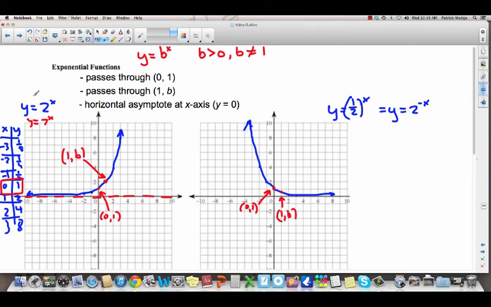If you compare this equation, y equals 2^x, and this equation, y equals 2 to the negative x, you can see the only difference is this negative here. What does a negative in the function do? If it's a negative in the function like this, it reflects the graph over the y-axis, and that's exactly what happened here. So it's not surprising that happened.